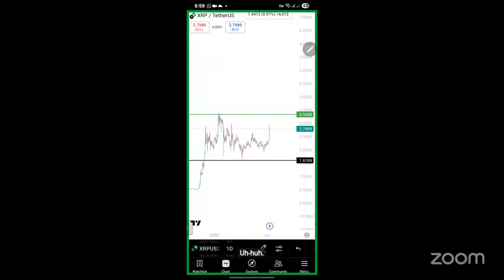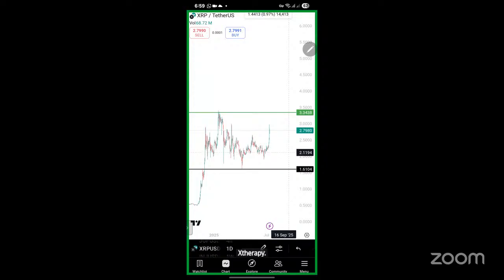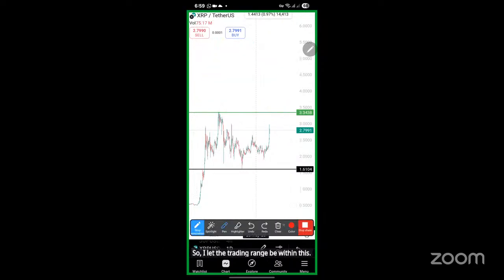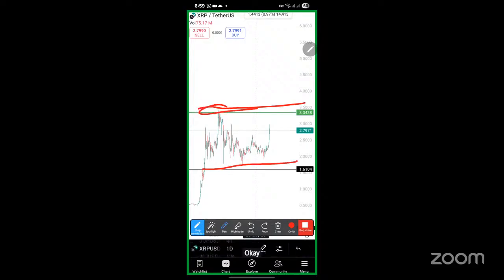Now, when you look at this on XRP, I decided to take the area of focus, this one here. So I let the trading range be within this. Highest point of the market, lowest point of the market in the area of focus.